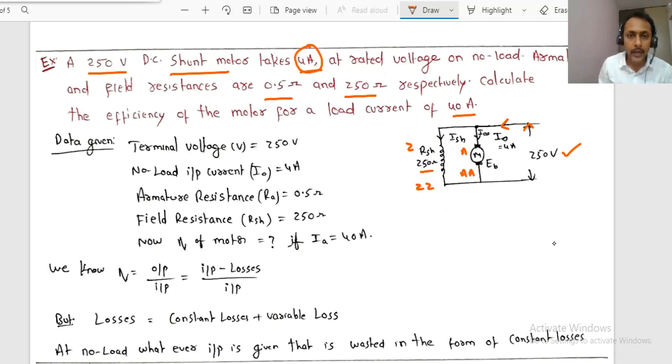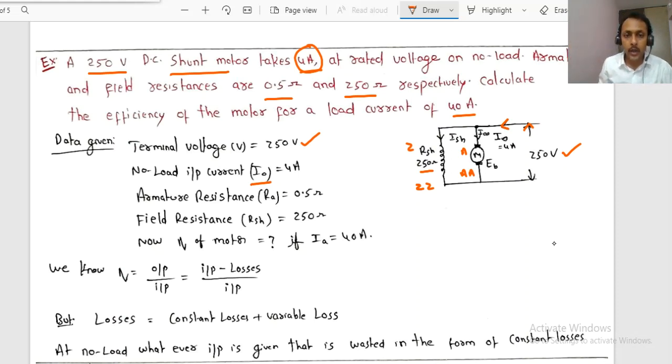The terminal voltage V equals 250 volts. No load input current I0. From the data given, dear students, please use the proper variables. It will be very helpful to you, and once we use the proper variables, many problems will be solved.